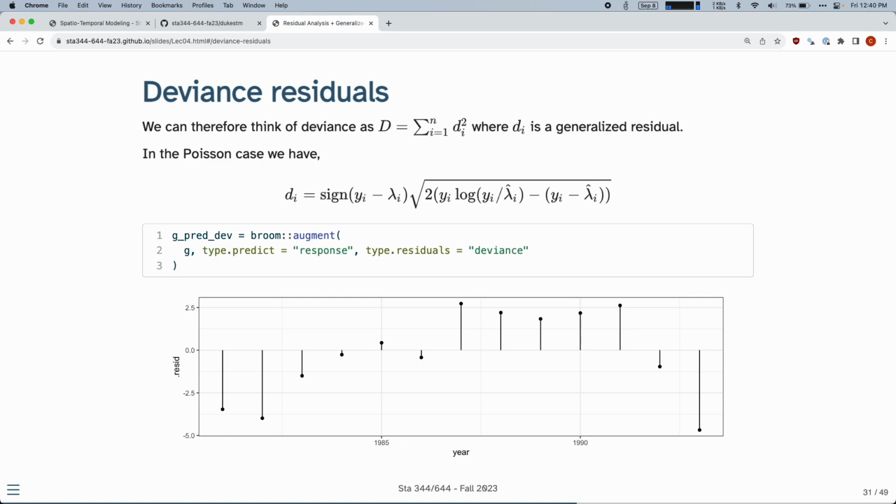And so if we think about it in that way, we take the deviance, decompose it, calculate these individual residual contributions, and plot them, we get something that looks very similar to what we were getting from the Pearson residuals. So in essence, by taking into account the likelihood in the model, we get something analogous that is accounting for that variability issue we were just talking about.